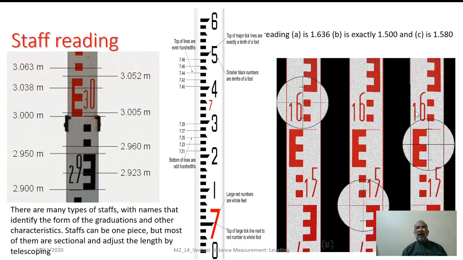Now, as I mentioned earlier, each staff manufacturer may follow their own graduation patterns. Usually, each division has 5 millimeter width.